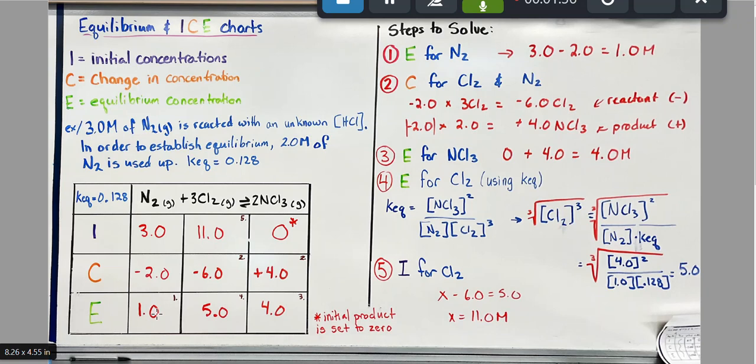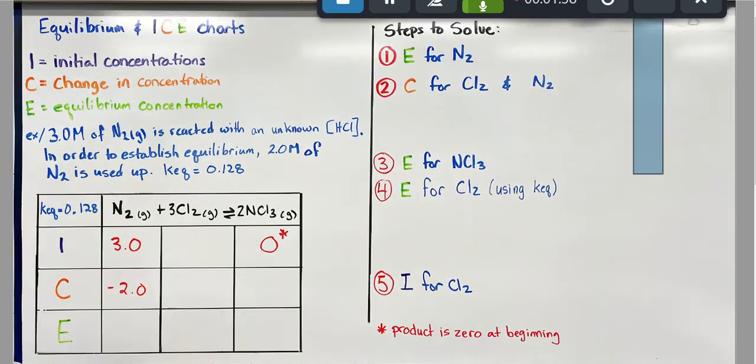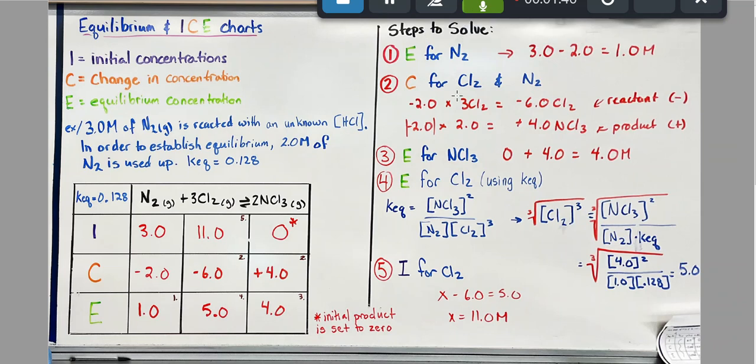The next thing we're going to find is the change in concentration for both the Cl2 and the N2. That's really easy because when we look at this, the change is proportional. If I lost 2 here, proportionally I lost the same amount, and I say proportionally because you have to multiply whatever you lost by the coefficient in front.